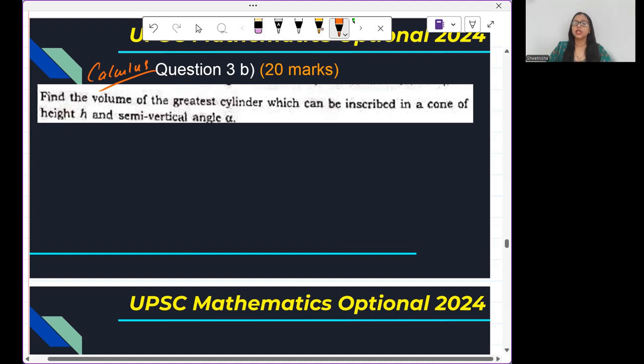Let's see, what is it? It's a very easy question. Just class 12th knowledge is needed for this question. Find the volume of the greatest cylinder which can be inscribed in the cone of height h and semi-vertical angle alpha. So we have a cone.